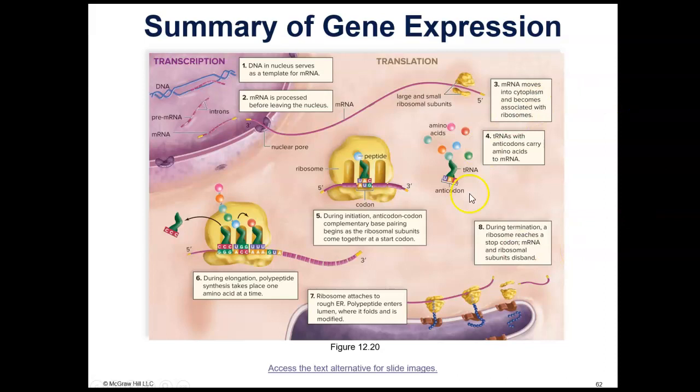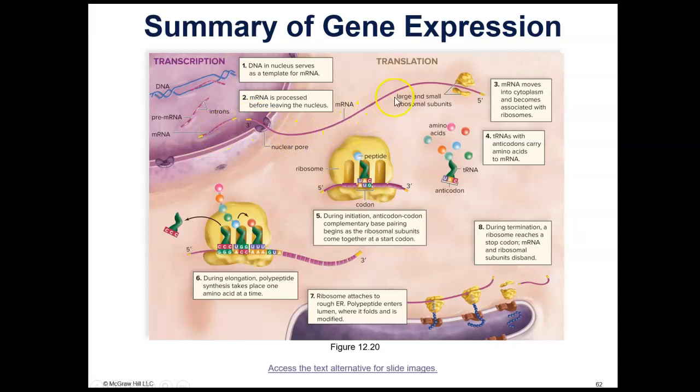Now, this is a summary of gene expression, which is what we call transcription and translation. It shows DNA in the nucleus serves as a template to make messenger RNA. Step 2, messenger RNA is processed. Remember, there's a cap and a tail added to the messenger RNA, and then the introns are cut out and the exons are spliced together.